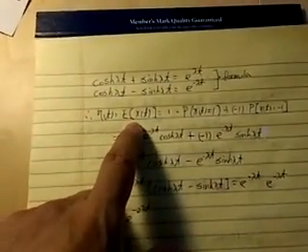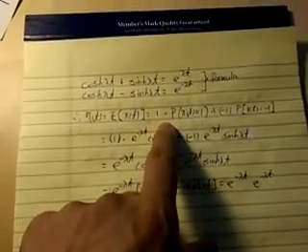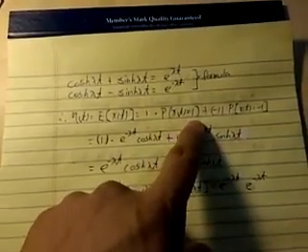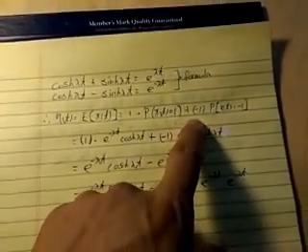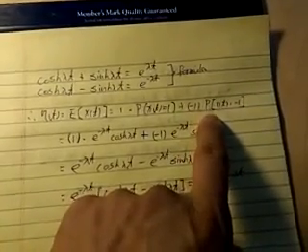The expected value of x of t equal to 1 multiplied by the probability of even number, plus minus 1 multiplied by the probability of odd number.